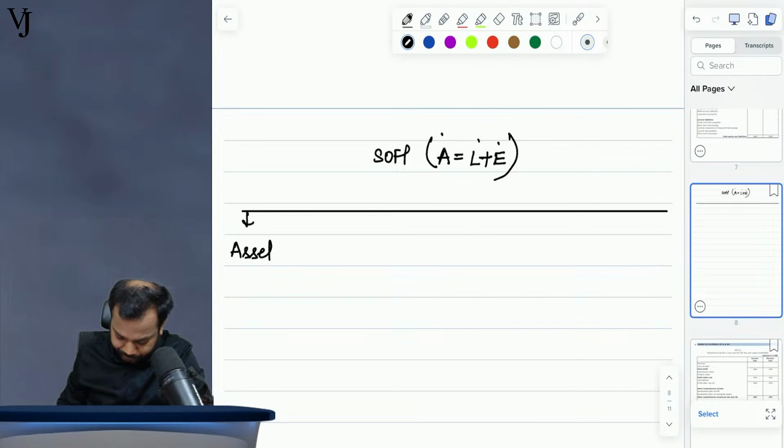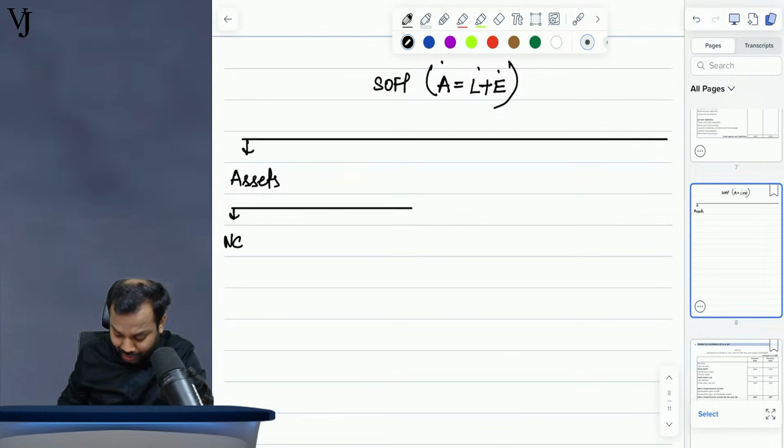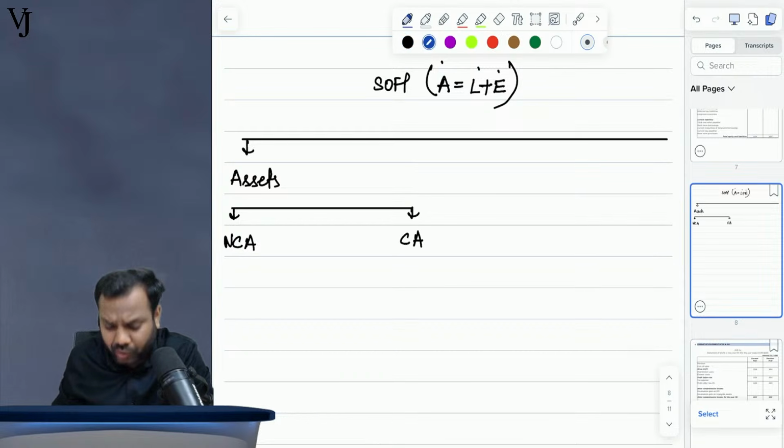Assets can be of two types. One is called non-current asset, another is called current asset. Can you give me examples of non-current asset?